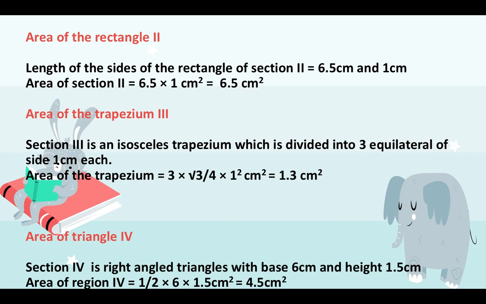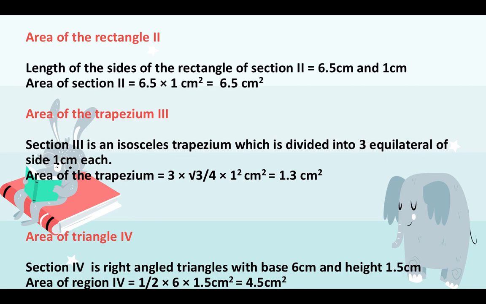Now area of trapezium. How will we calculate the area of the trapezium? I can divide this trapezium into 3 equilateral triangles. How can I divide this? I can take the midpoint of the edge, which is 2 centimeter long, and join it with the upper edges one by one. So in this way I'll get 3 equilateral triangles.